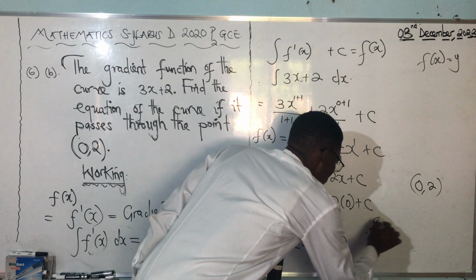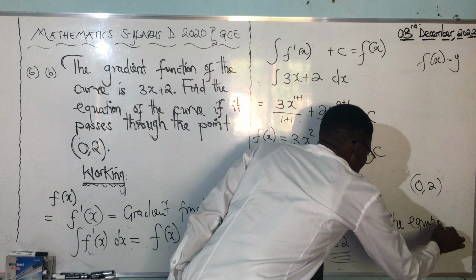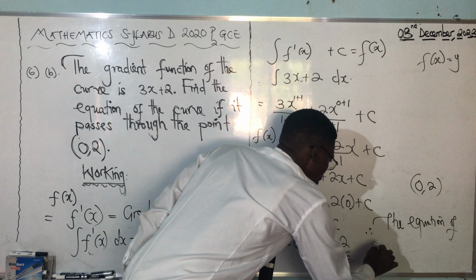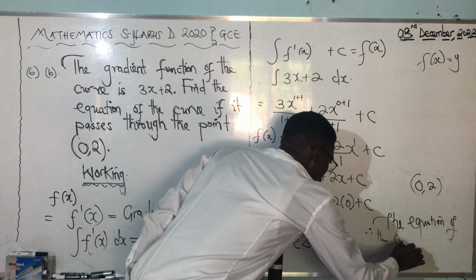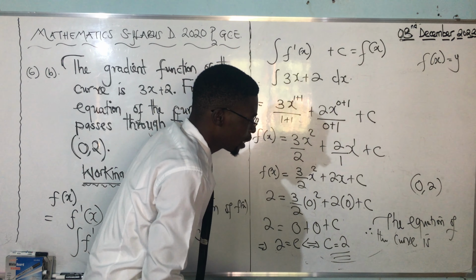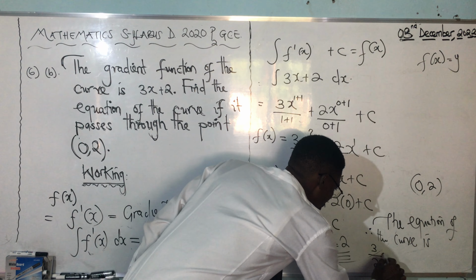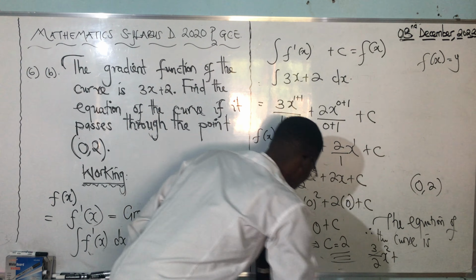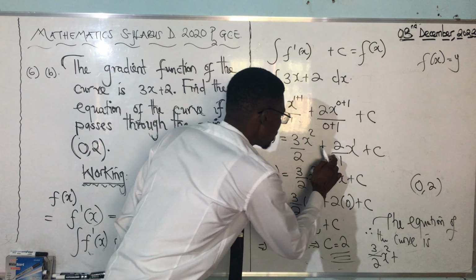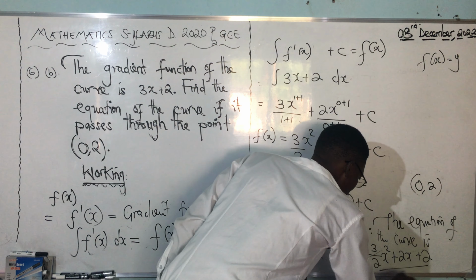Therefore, the equation of the curve is equal to 3 over 2 x squared plus 2x plus 2, because our c is 2.